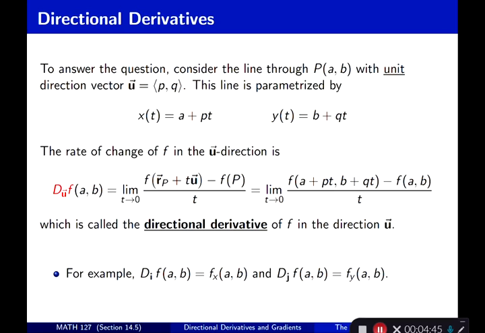And the directional derivative in direction j of f at a and b is equal to f sub y of a and b, or the partial with respect to y of f at a and b.